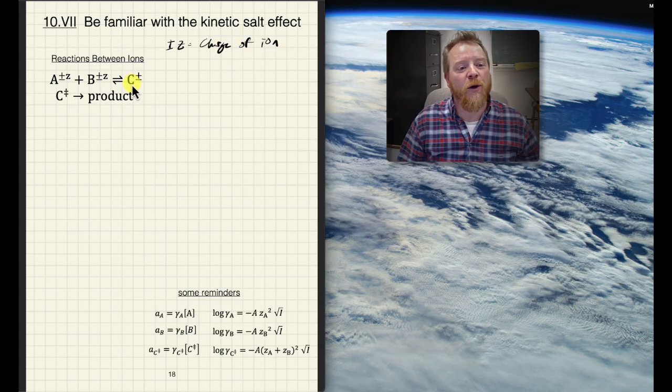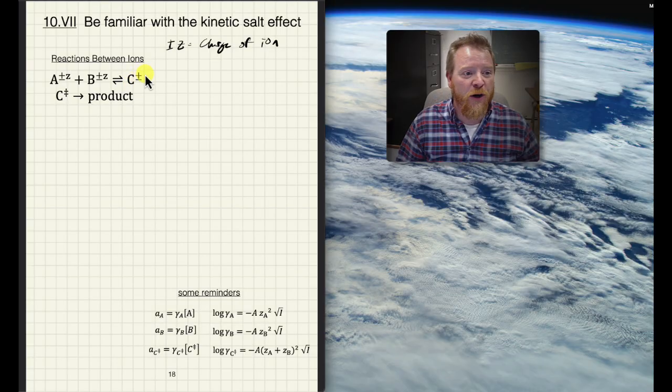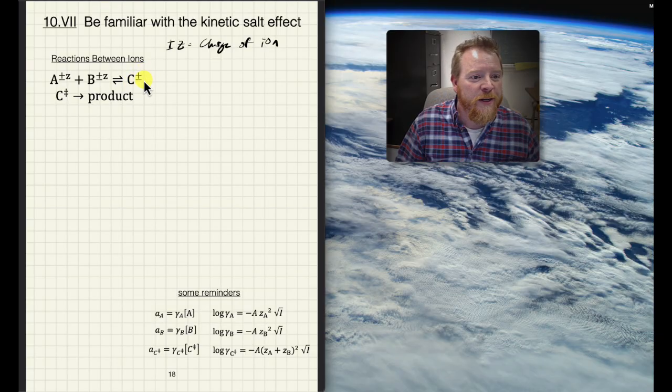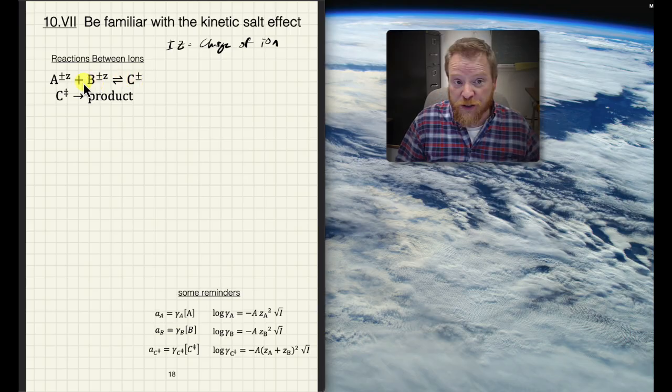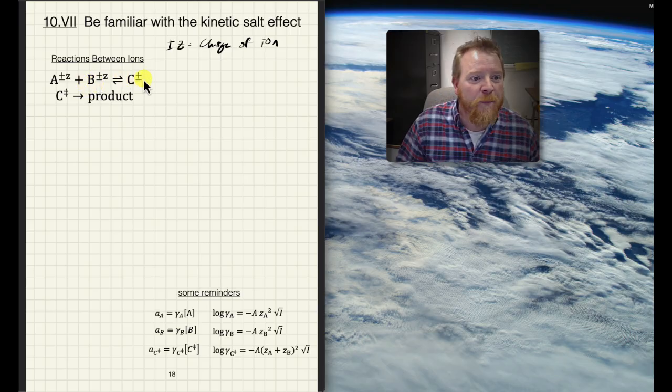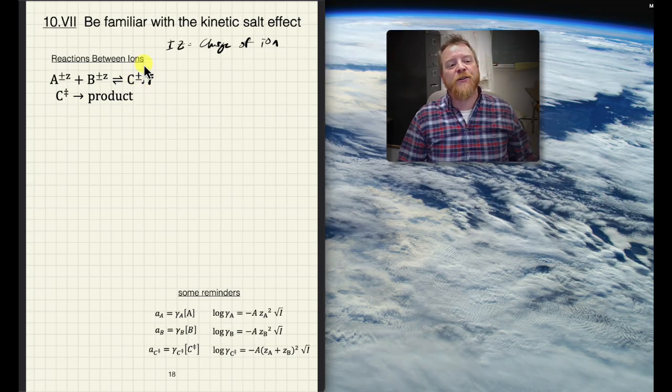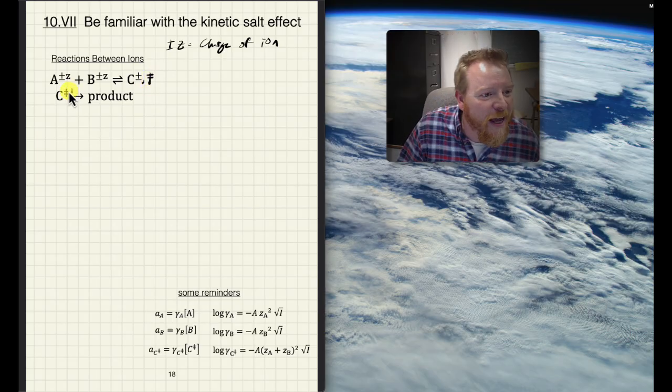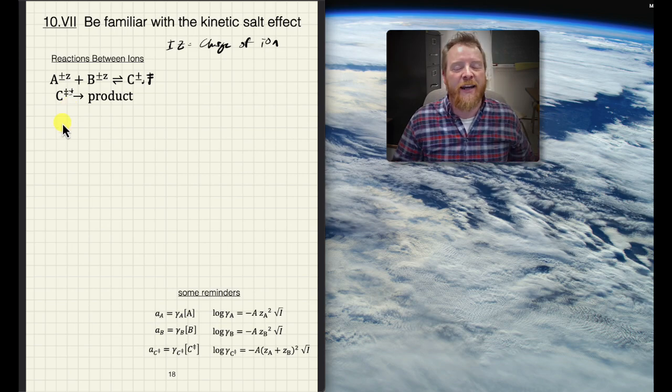And we'll notice here that C is also charged, and I actually forgot to do two things. So C is going to be the sum of the charges of A and B, right? But this is also getting a double dagger, so it's plus minus and double dagger, indicating that it is a charged transition state.